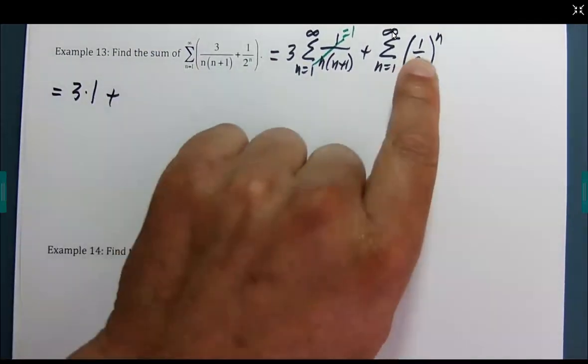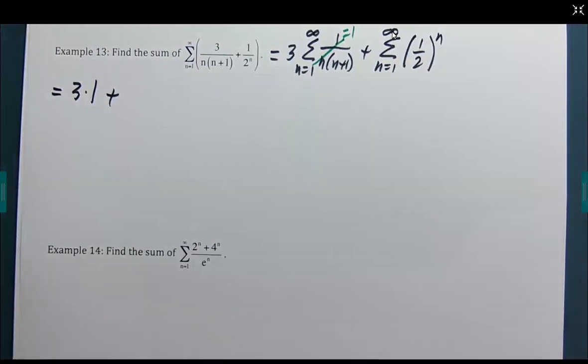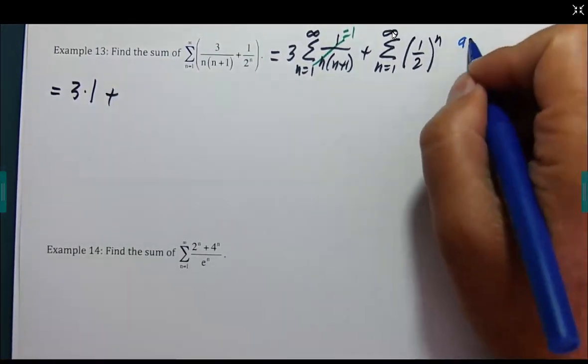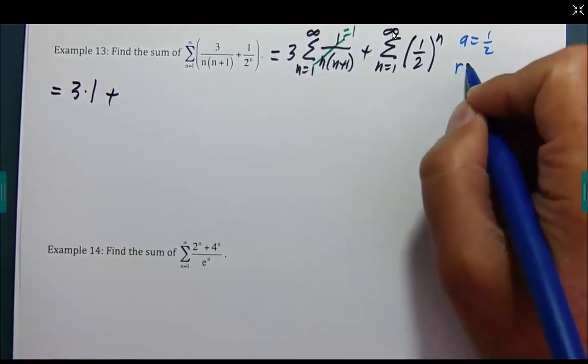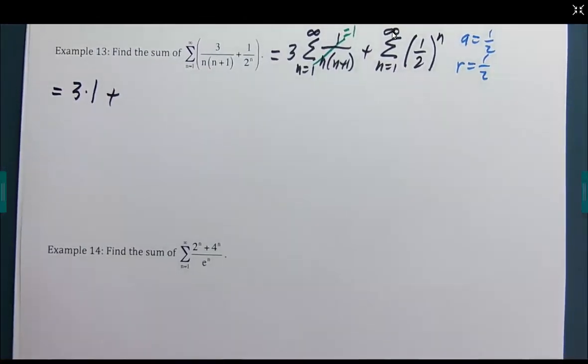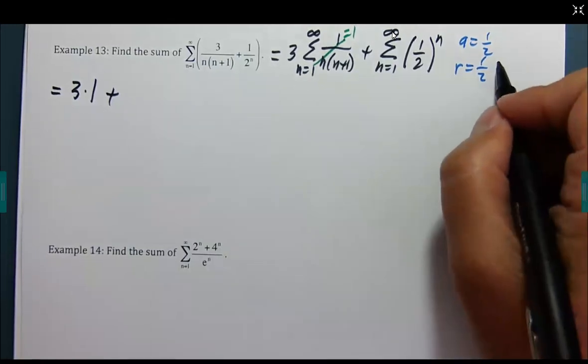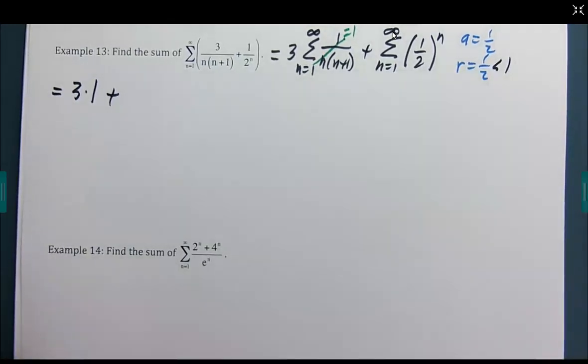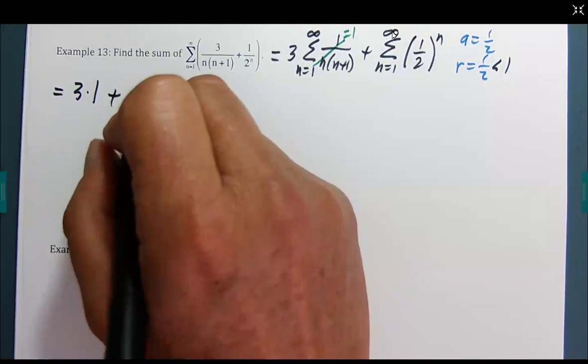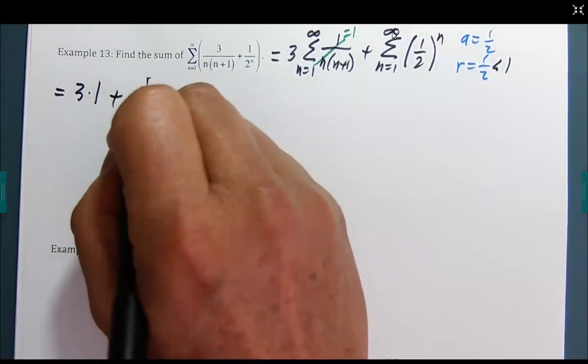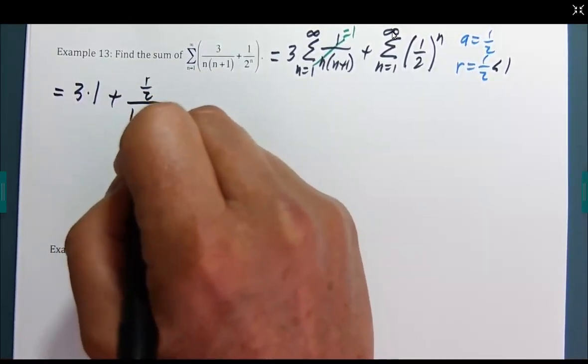Plus, now what happens here, notice the first term of this is 1/2. R is also 1/2. And because R is less than 1, it's going to converge to A over 1 minus R. We learned that in the last video. 1/2 over 1 minus 1/2.